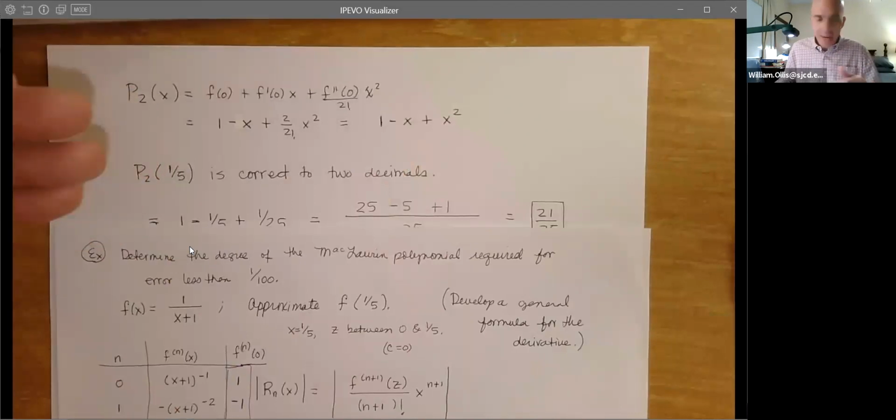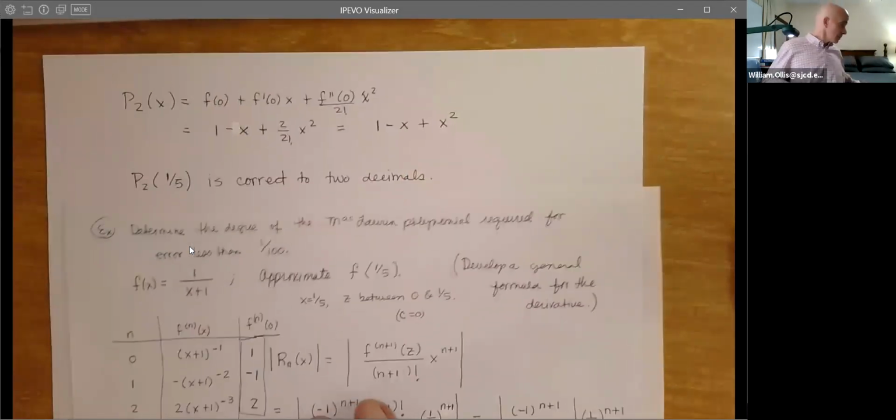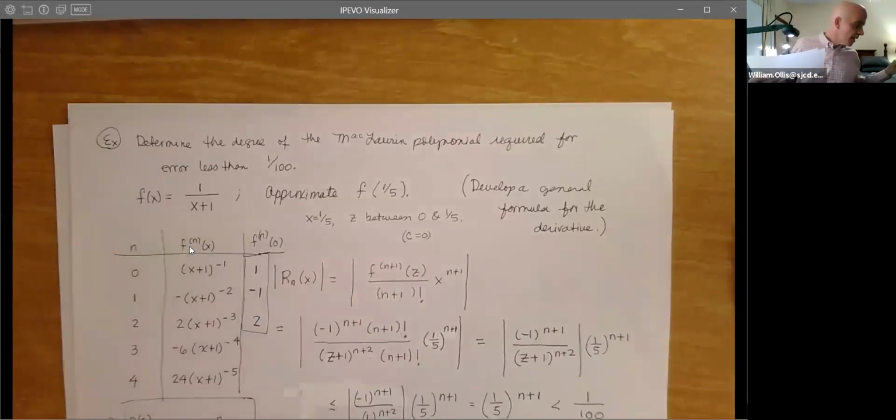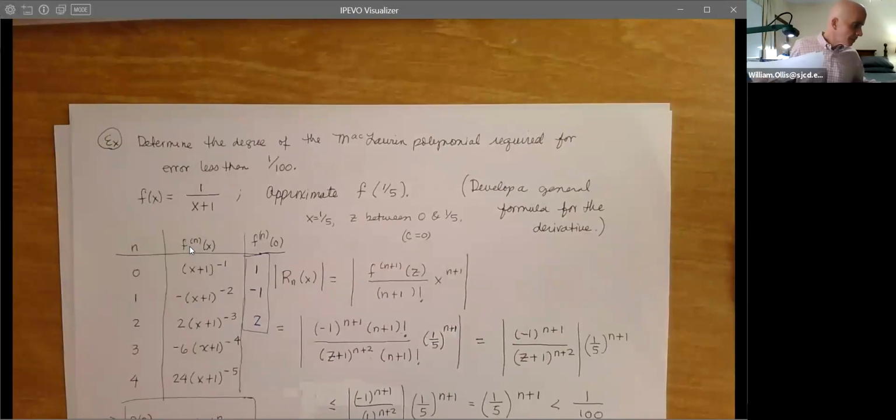For instance, when we think about this problem here, it's going to be similar to what we did with the example of the exponential. Let's see, where did I put that? I'll find it. Oh, yeah, right here.